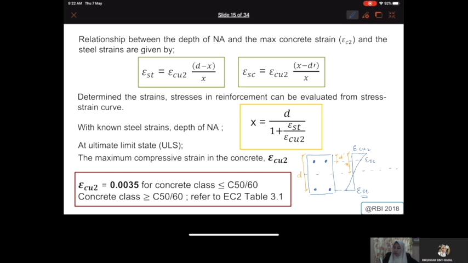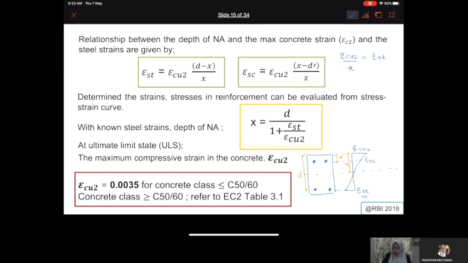If you do a ratio, you have strain Cu2 divided by x, which is also equal to strain ST divided by its height. This is the big triangle and also the small triangle, so you can have proportion because it is from the same diagram.